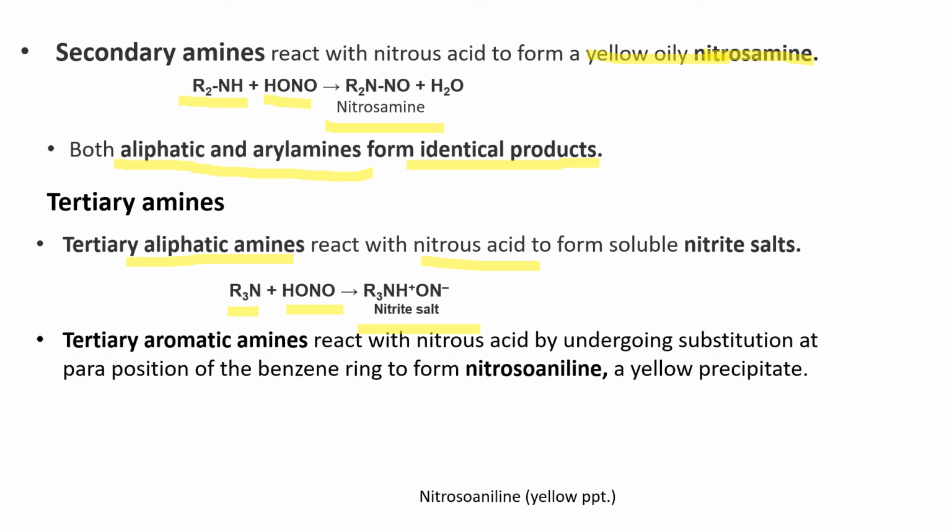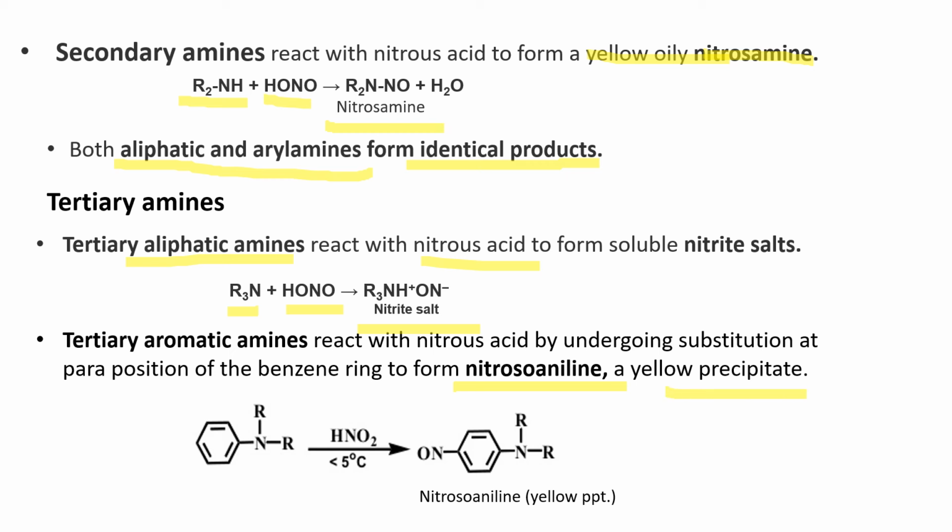Whereas a tertiary aromatic amine reacts with nitrous acid to form nitrosoaniline, which is a yellow precipitate. So this is how the secondary and tertiary amines can be distinguished. Tertiary aliphatic amine forms a nitrite salt, which is soluble, whereas tertiary aromatic amine forms a yellow precipitate, which is nitrosoaniline.